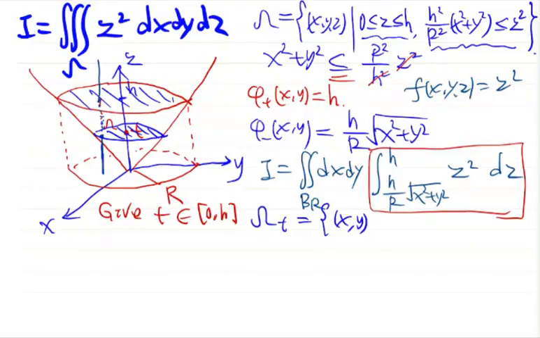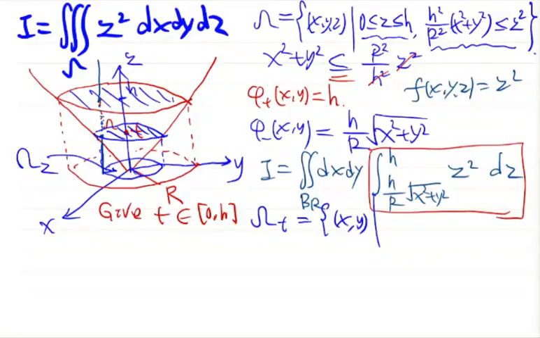So this blue shadowed region is the intersection of the plane z equal to t with our omega. Now you project it into the xy plane. This is a disk. This disk is our omega t. So analytically, omega t is a subset of the xy plane. Therefore, a point has two coordinates, x and y, which satisfy the condition. So how to determine the radius of this projection, our omega t, which is a disk?